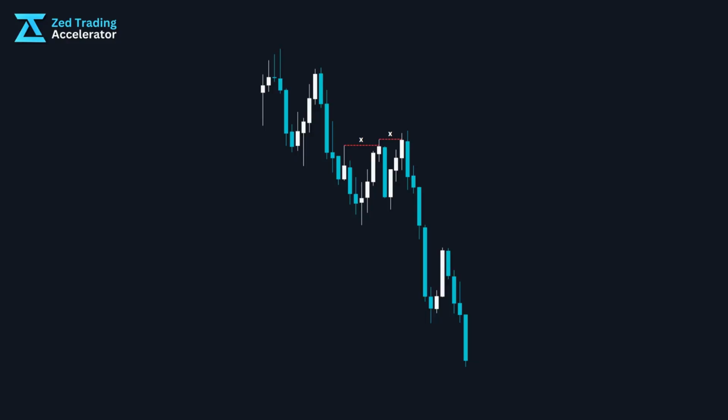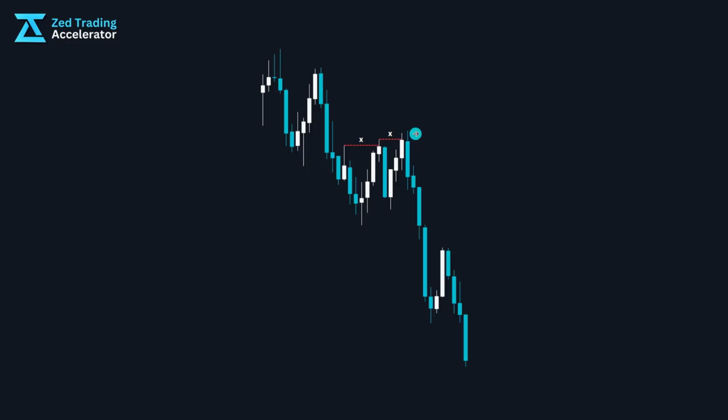We didn't have a displacement higher or a candle body close, right? We didn't have a fair value gap higher. We have here a fair value gap, but this is not a valid fair value gap because we did not displace higher, right? So once again, price retraced lower and tried to displace higher. And once again, we did not have a candle body close or a displacement, right?